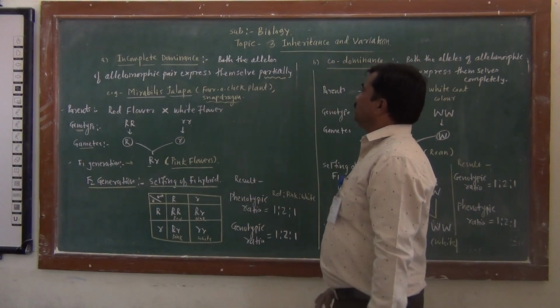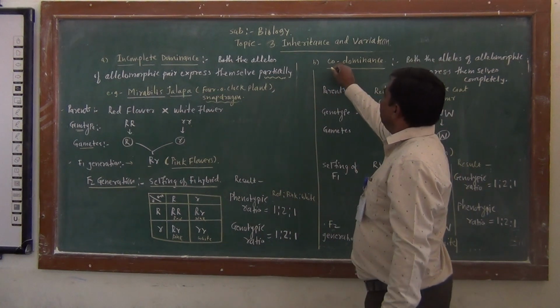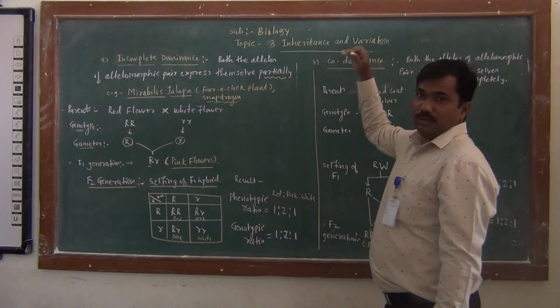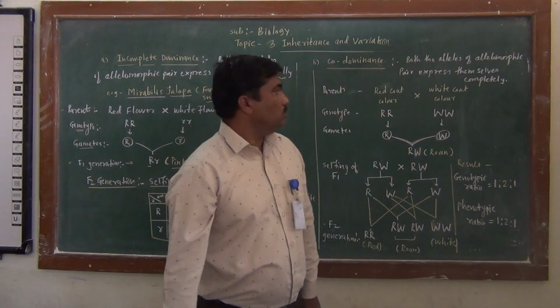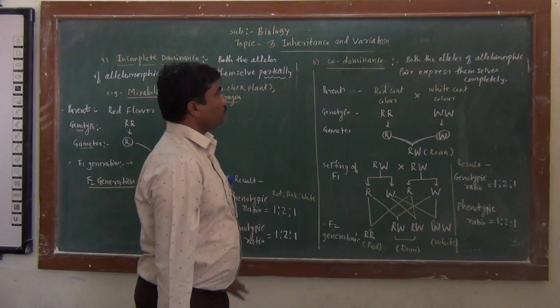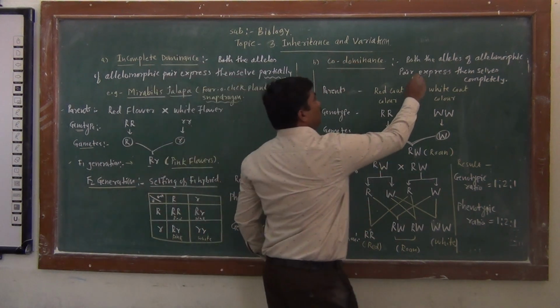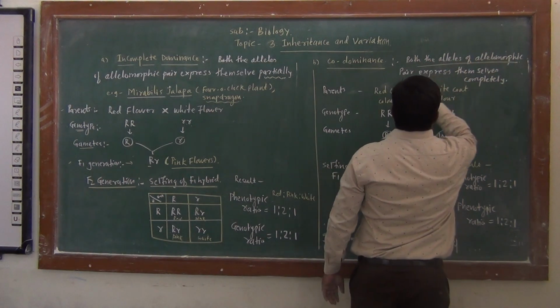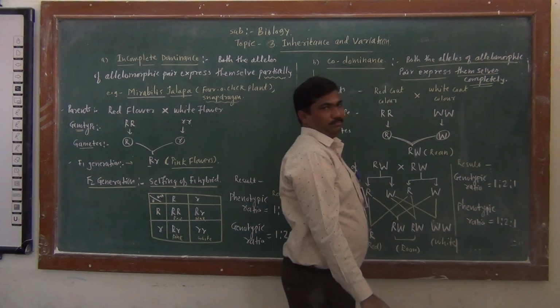Okay. Then the second example we learn in the same way, that is neo-Mendelism. It is also an exceptional case, codominancy. So what is codominancy? See here, both the alleles of an allelomorphic pair express themselves completely.